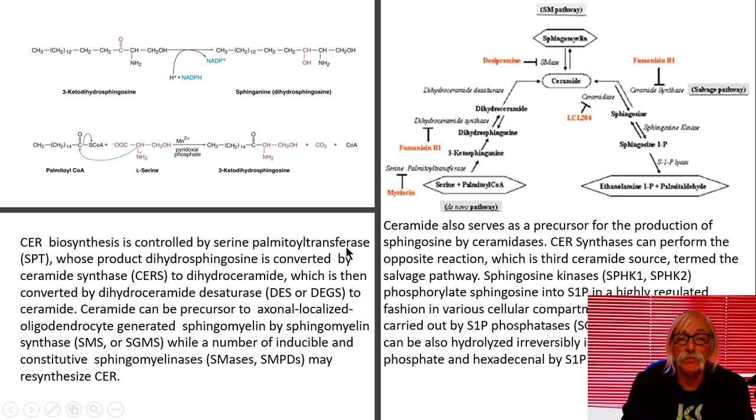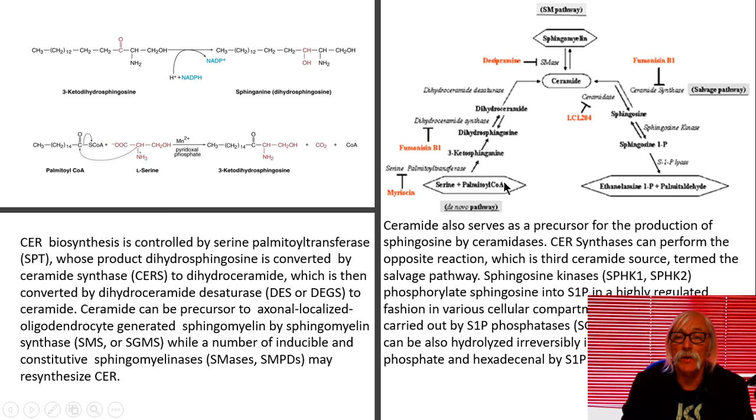So ceramide biosynthesis is controlled by serine palmitoyltransferase. That's the first reaction there, also known as SPT, whose product is the dihydrosphingosine. It's converted by ceramide synthase to dihydroceramide, which is then converted by dihydroceramide desaturase, that enzyme, DES or DEGS, to ceramide. Okay, so this is showing you this pathway here.